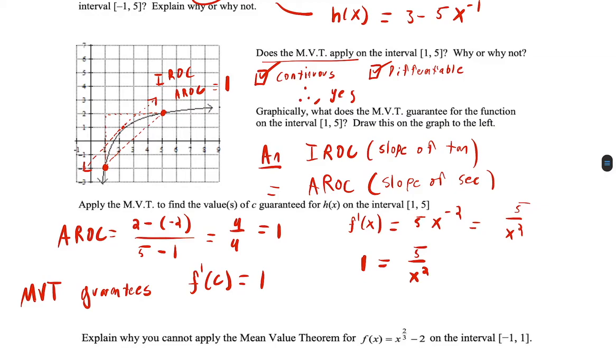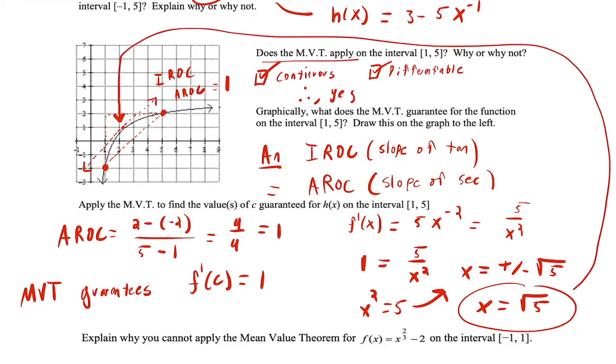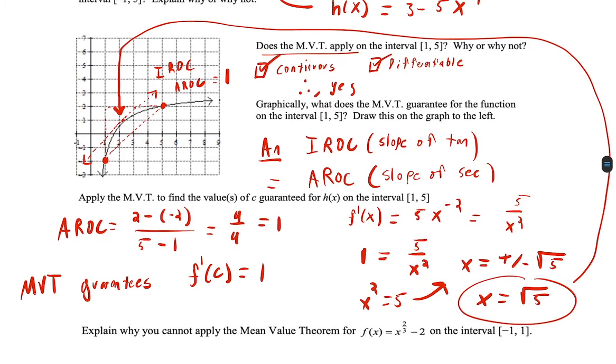So if we multiply both sides by x squared, we have x squared is equal to 5, x is equal to plus or minus the square root of 5, but we're only talking about the positive here, right? Because we're on the interval 1 to 5, so x is equal to the square root of 5. And so this value c, the square root of 5, as predicted, is a little bit above 2.